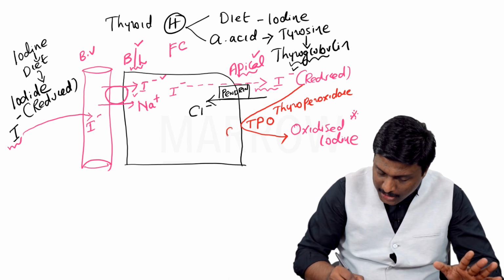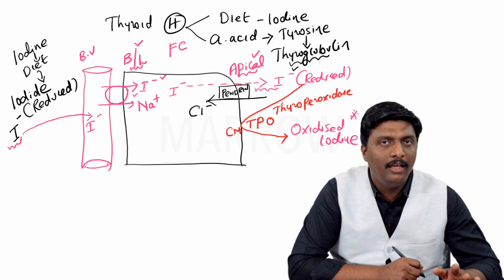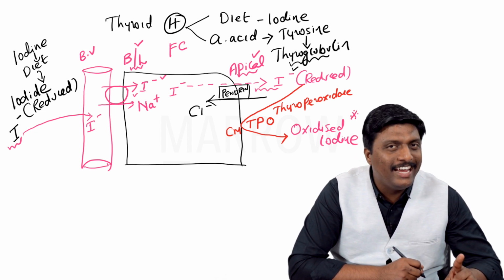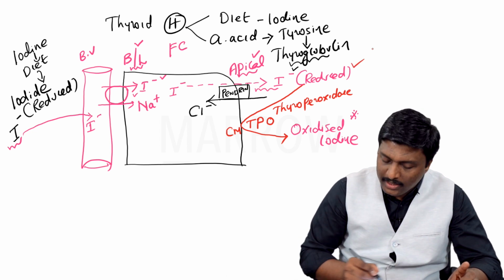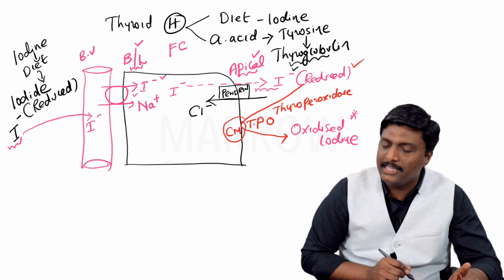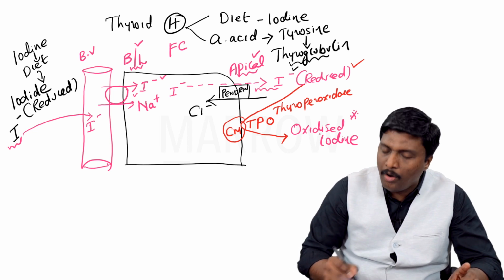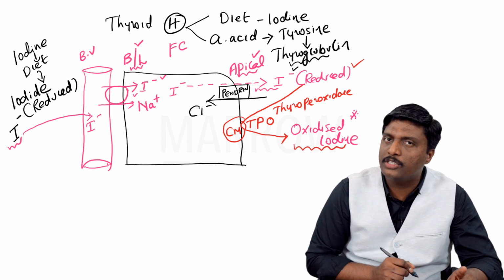This enzyme is present only in the cell membrane of this follicular cell. It is for this reason, kindly make a note, that iodide is pumped outside. With the help of this membrane-bound enzyme, thyroid peroxidase, reduced iodide is converted to oxidized iodine. Only this oxidized iodine is going to form hormones now.